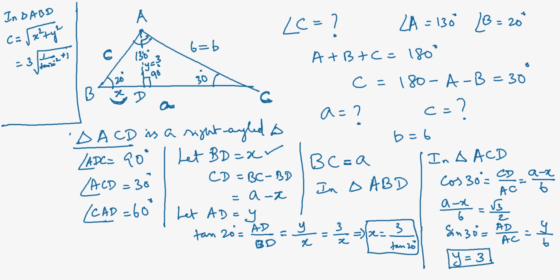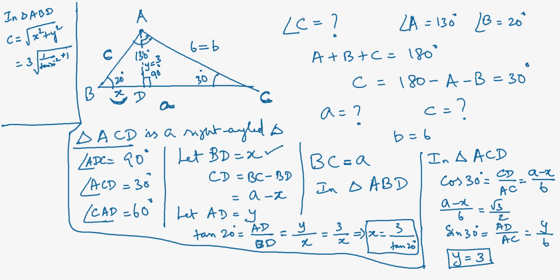When we have solved the x and the c, what is left out? We have to find a. First, I took cos 30 as root 3 by 2, and I found a minus x to be 3 root 3.